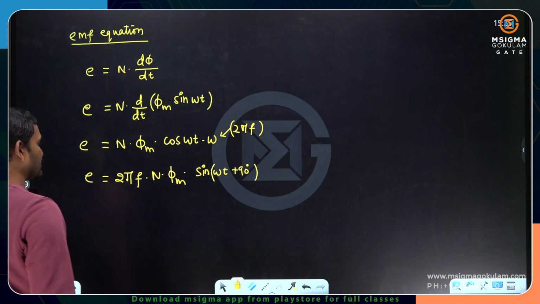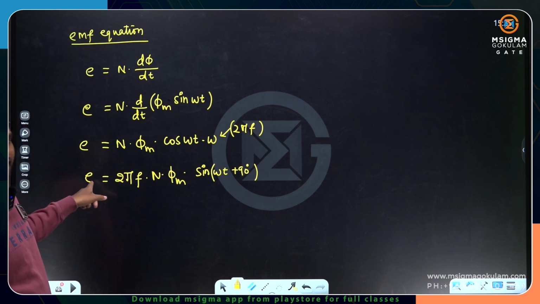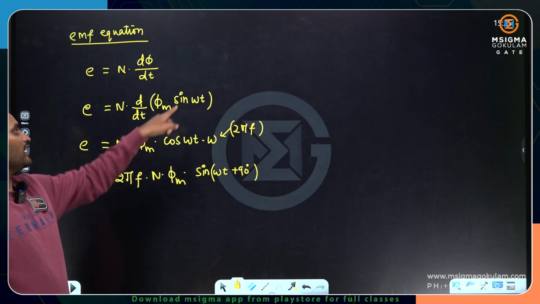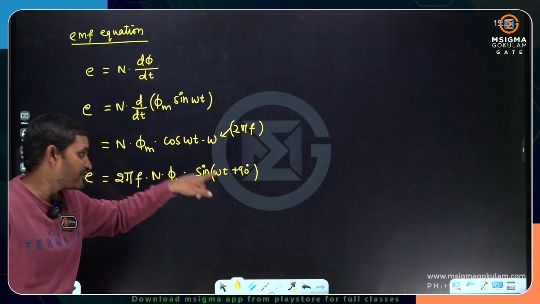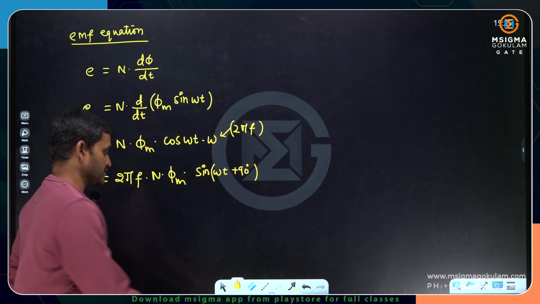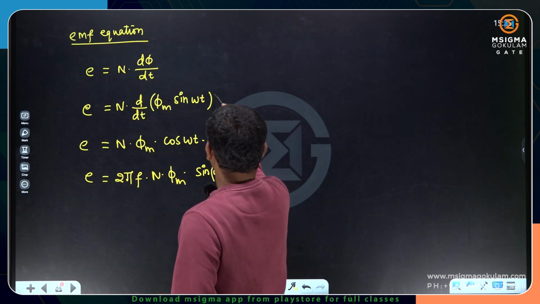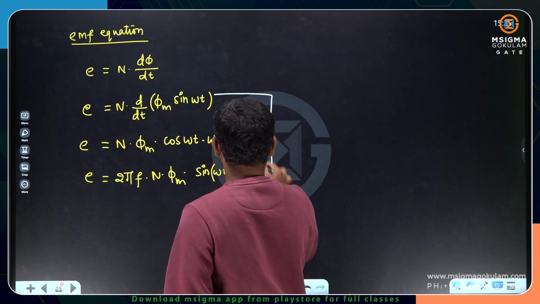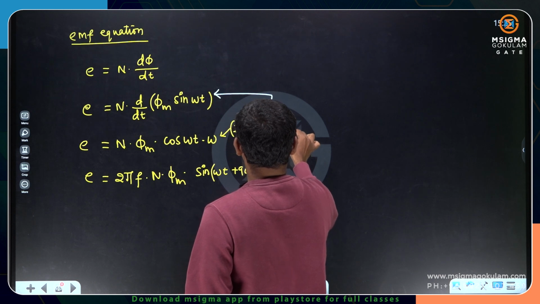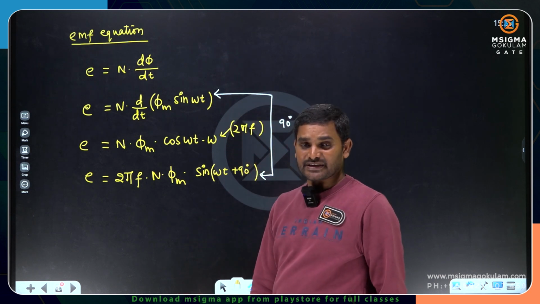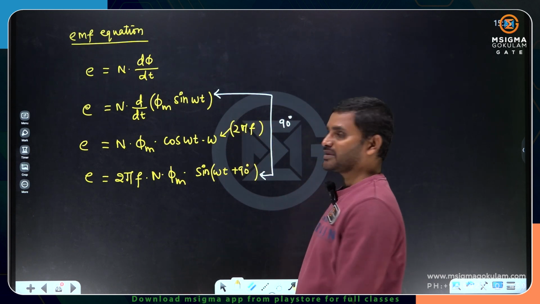So if you look at this one, EMF is a sine wave, flux is also a sine wave, but there is a phase displacement of 90 degrees. Between the flux wave and the induced EMF wave, there is a phase displacement of 90 degrees. If you represent the phase displacement, it will be easy for us.